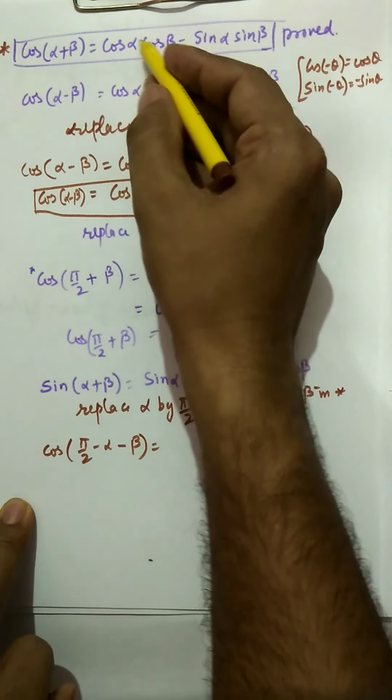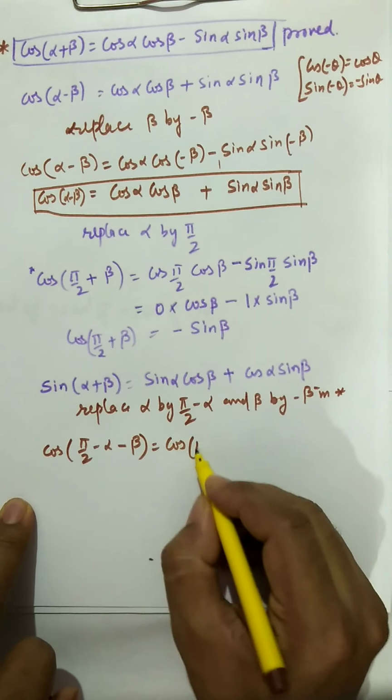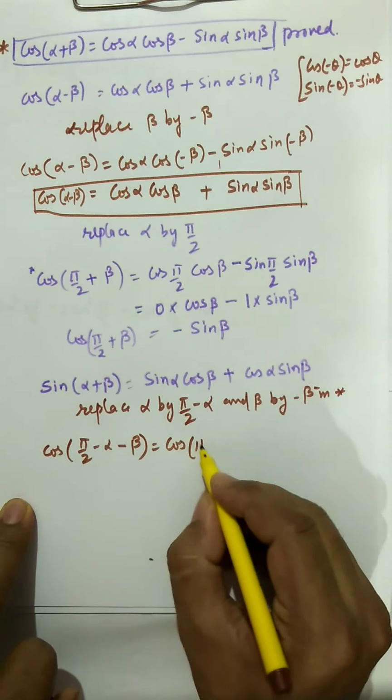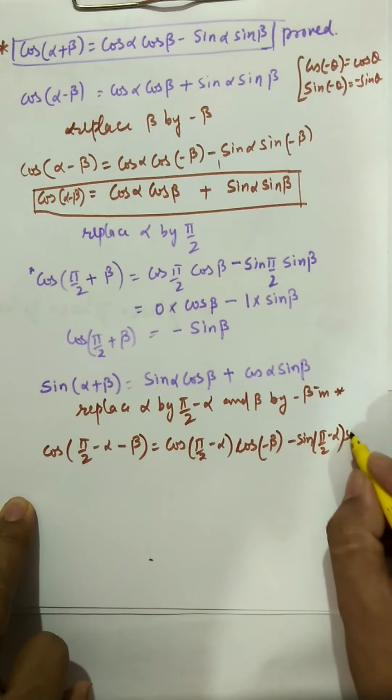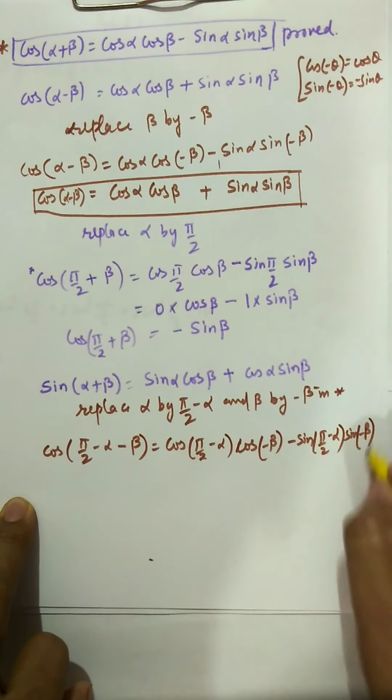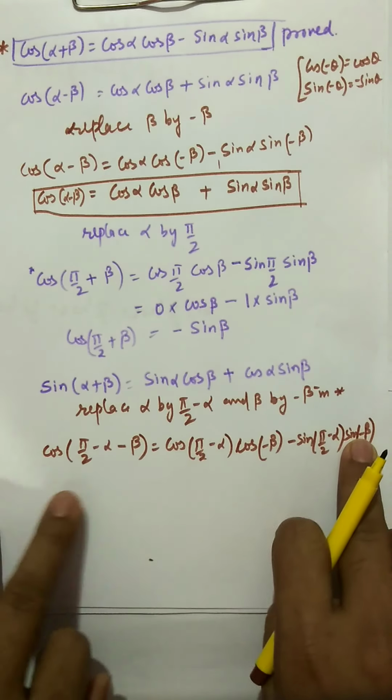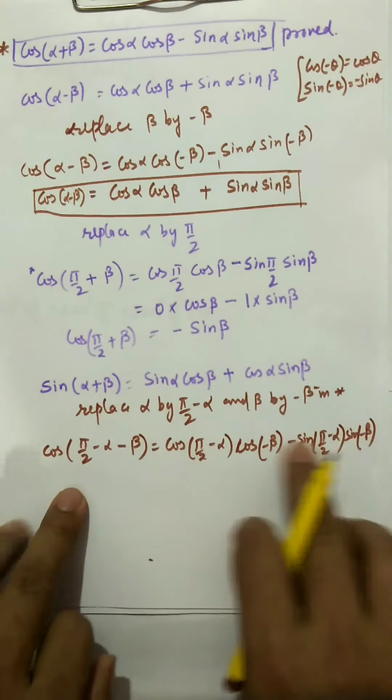So do the replacement here also. Cos, this is pi by 2 minus alpha, and beta is replaced by cos minus beta, and this is minus sine, this is pi by 2 minus alpha, and this is going to be minus sine beta. So all this replacement I have done in this formula.